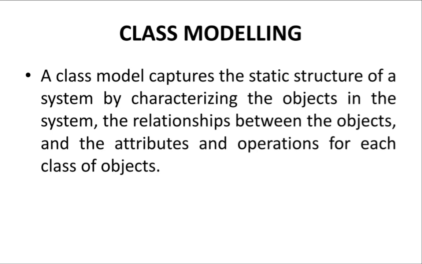Not only the details of the individual objects will be there, but also the relationship between different objects, the attribute information of each object, and the behavior or operation information of each object will be there in the class model. When I take the example, you will easily understand this, right?